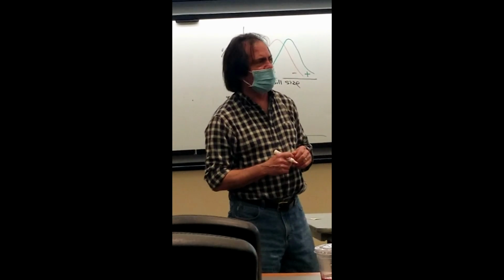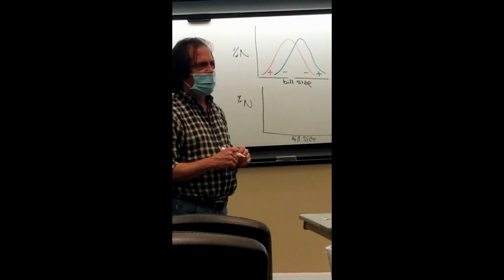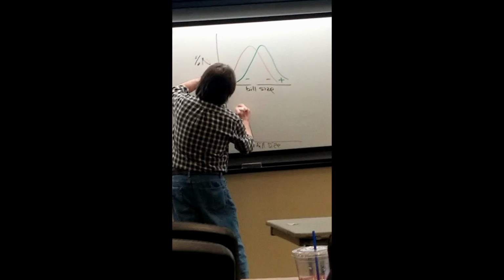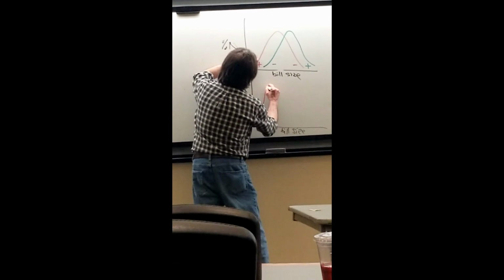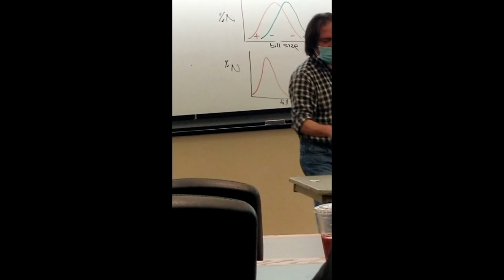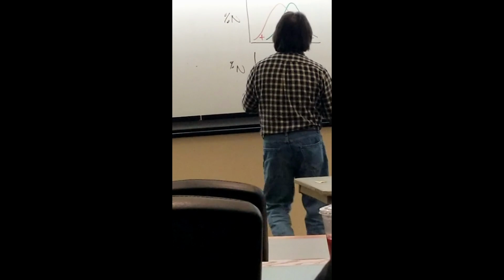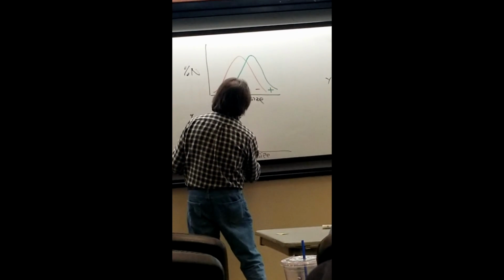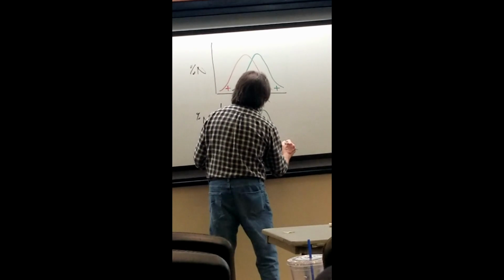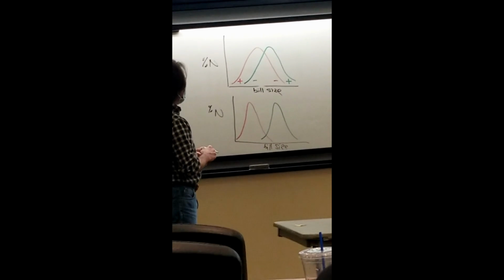So what's plus, what's minus? Well, here, let's do it. If this persists through evolutionary time, we would expect the distribution of bill sizes in the red and green to look like this.